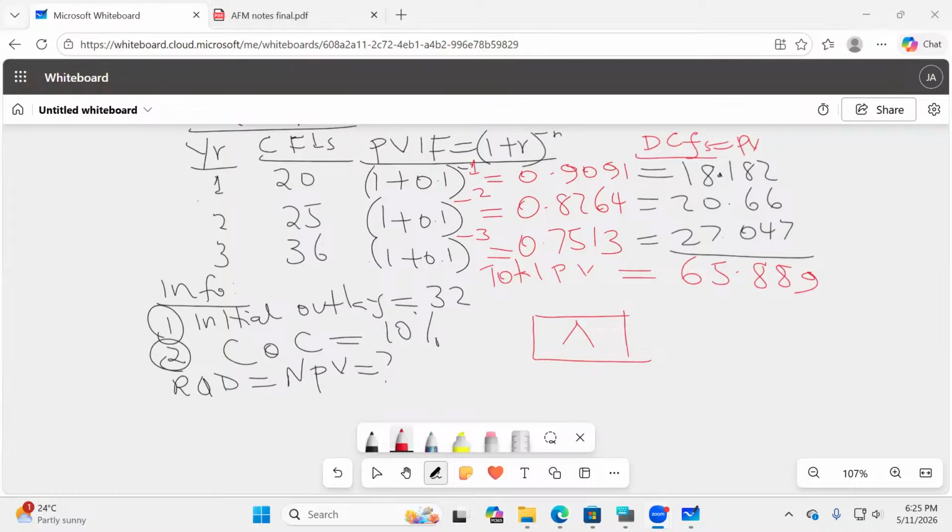So I have the total present value. Once I get the total present value, how do I change it to net present value? We less the initial outlay.